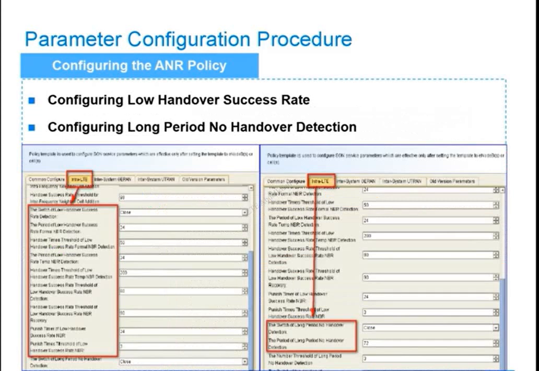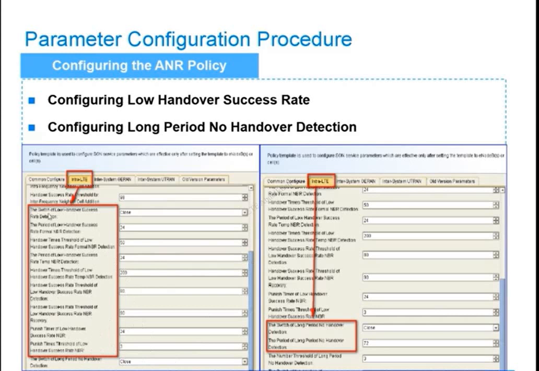In the intra-LTE, it will configure the low handover success rate and the long period no handover detection. These are the handover success rate parameters.